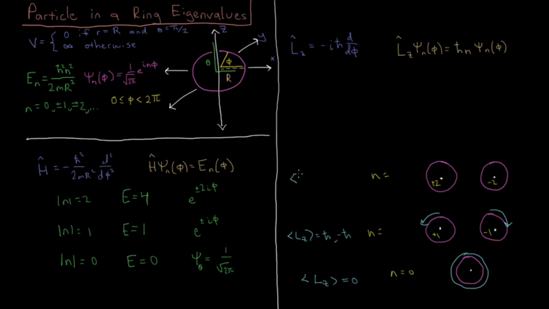Same thing for the n equals 2 state. We have eigenvalues of plus 2 h bar for plus 2 and minus 2 h bar for the minus 2 state. So now it's moving around faster, twice as fast to be precise. The angular momentum is increasing linearly with the absolute value of n. And in this case, the plus 2 state is moving around counterclockwise, and our minus 2 state is going to be moving around clockwise.